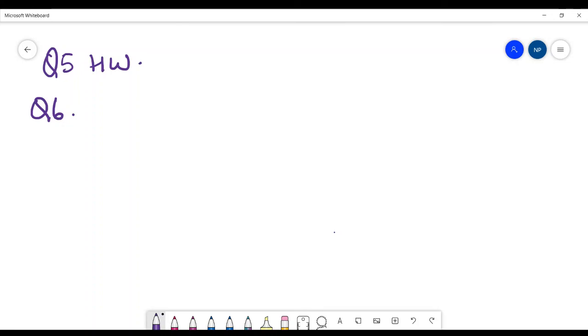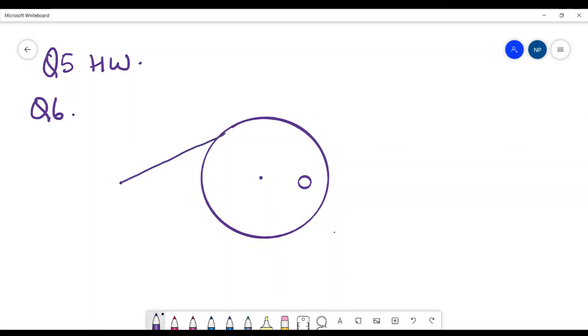So first of all we need to draw the diagram. Let us draw the diagram for this particular question. This is a circle. This is O. Let this be O. The length of a tangent from a point A at a distance. So A is lying outside and A is a tangent. So let this be the tangent.